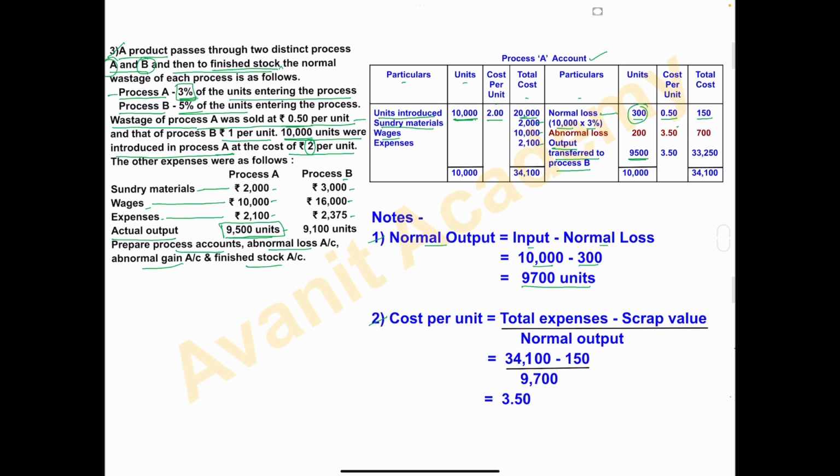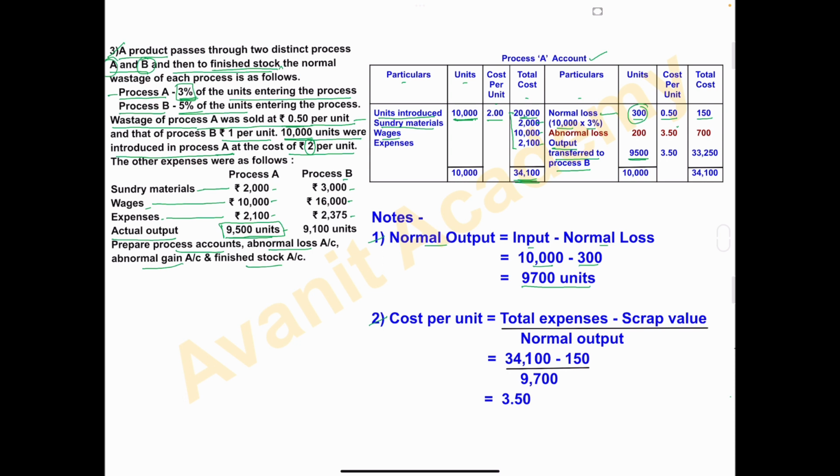Total expenses. To get this total expenses, what we have to do? We have to add the debit side total column. So total cost, add these amounts: 20,000 plus 2,000 plus 10,000 plus 2,100. You will get 34,100.